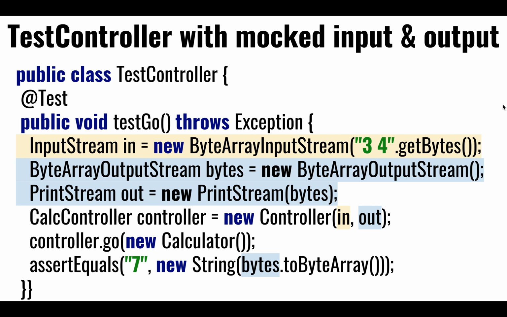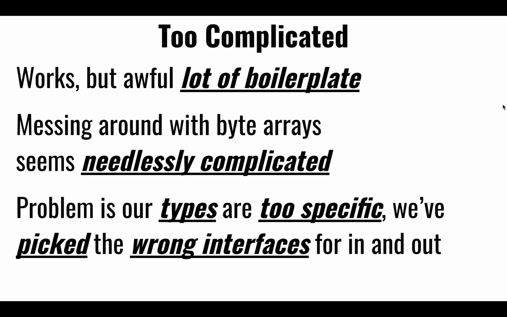It's just so much boilerplate stuff, where I need to set up these bytes and these arrays and these strings and convert back. That's just way too much detail. Isn't there a simpler or cleaner way that I can use, without having to deal with all these low-level byte arrays and whatnot? Yeah. So it's needlessly complicated.